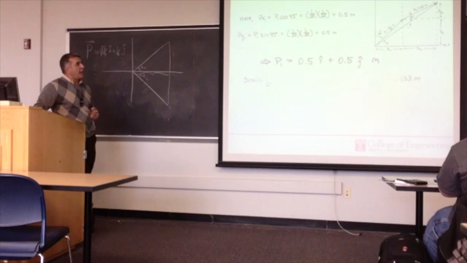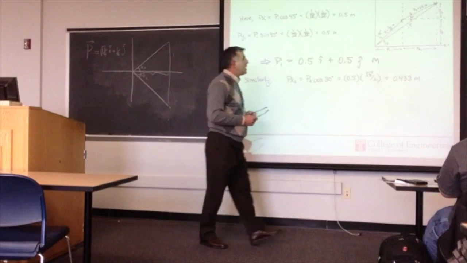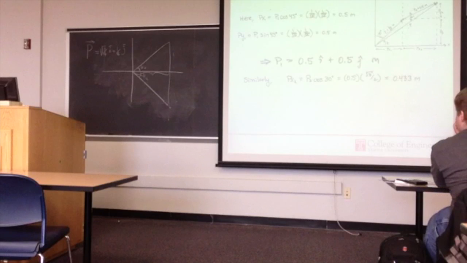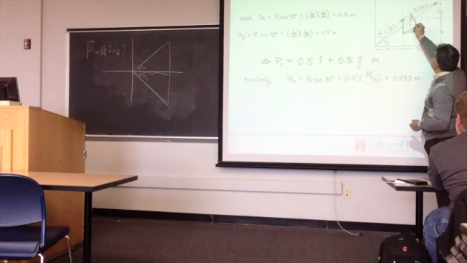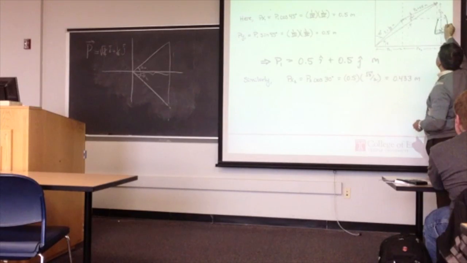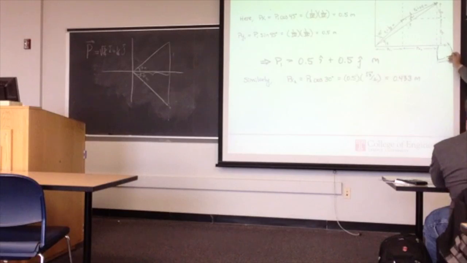Next one is to find out px2. Px2 is p2 cosine of 30 degrees. Where did we get this? See that angle up there? This little triangle here? We want to find out px2, which is this distance.